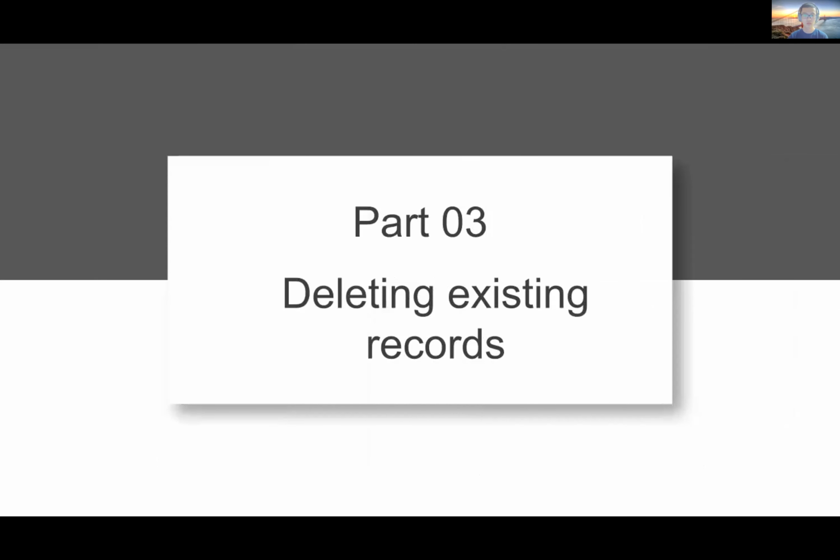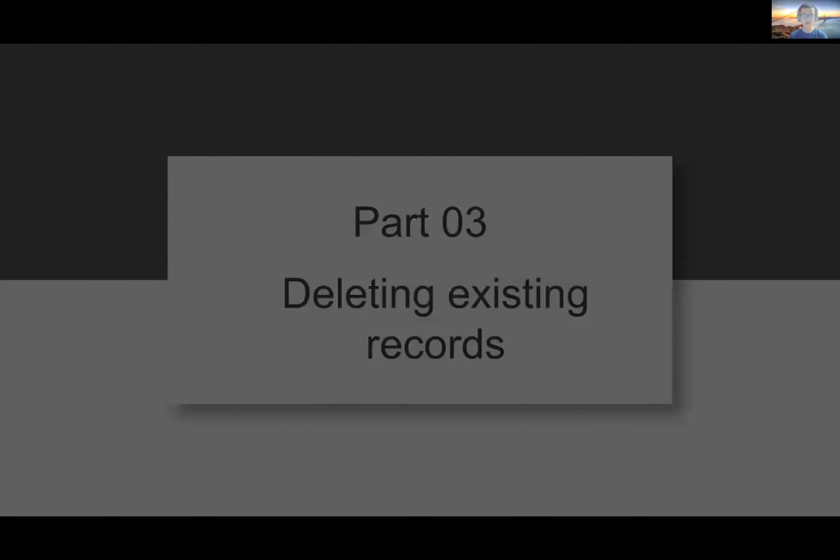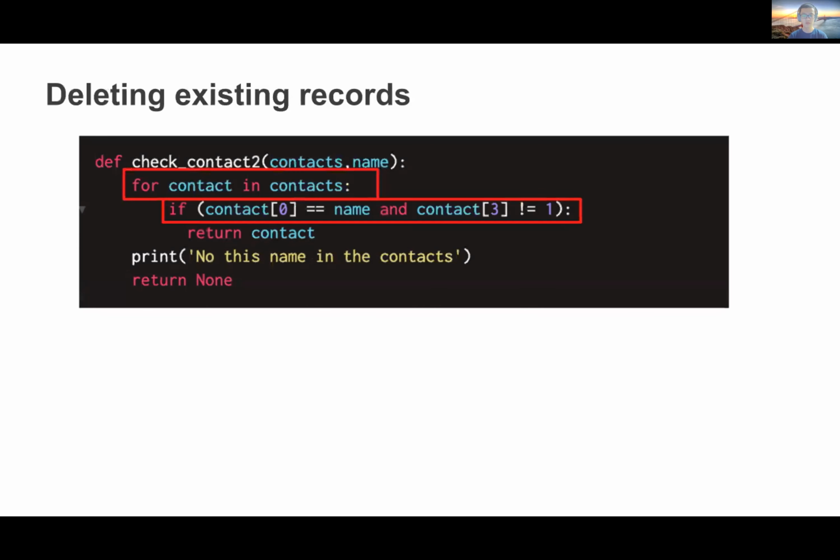Now it's about deleting existing records. Before we actually delete existing records, we have to check whether this information exists or not. So we have another function which is about check contact 2, using the contact list and the name provided by the user. Firstly, it is a for loop to know whether this person exists in the phone directory or not. And then there is a judgment.